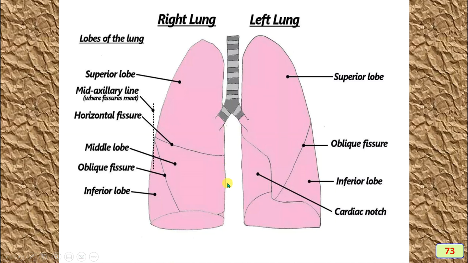Hence, the cardiac notch always has a different type of structure because the heart is an organ which will be embedded inside the lungs. Hence, they may also be protective organs of the heart.